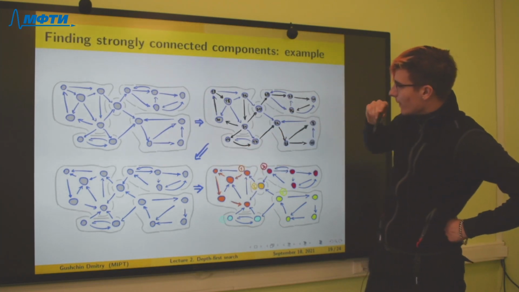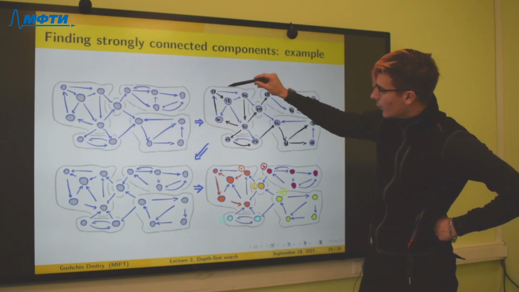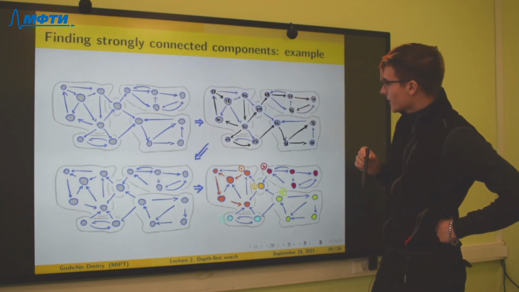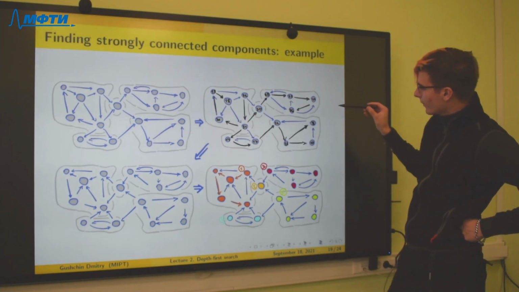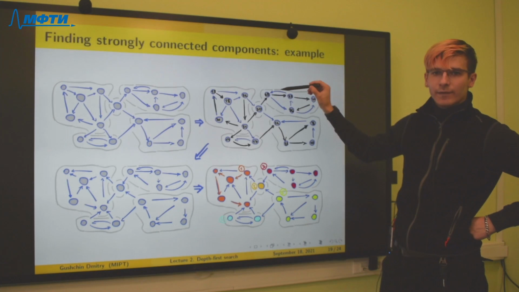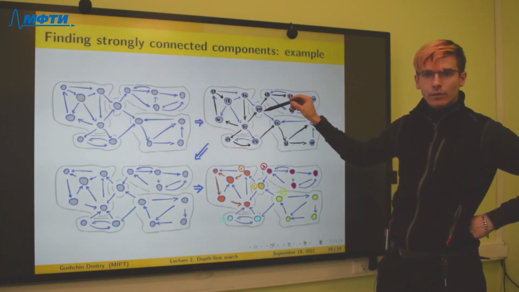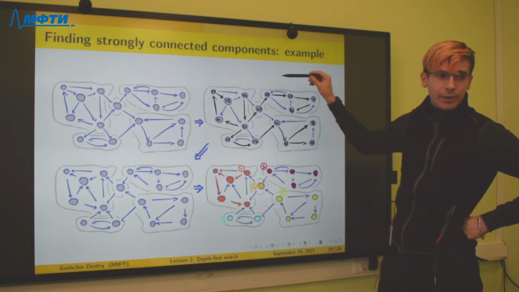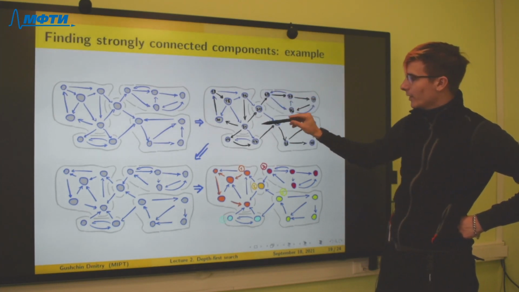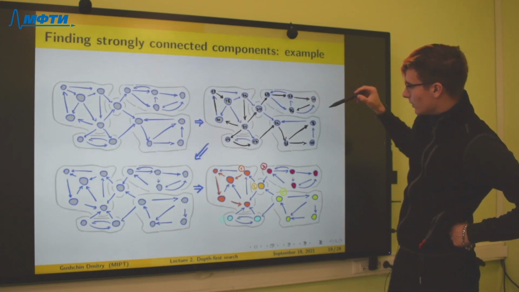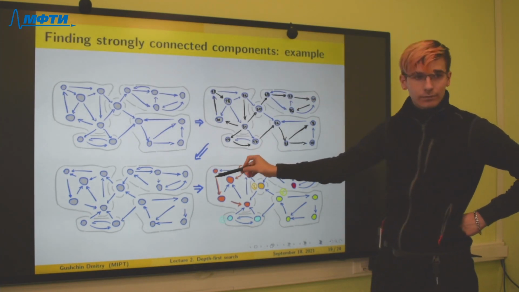We see that we visited these vertices, and we have 30 as the biggest number in another component of the graph that we didn't visit earlier.